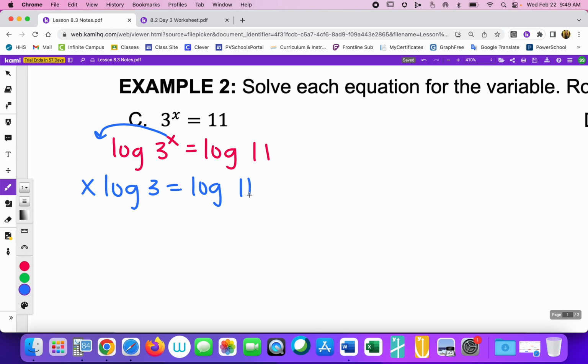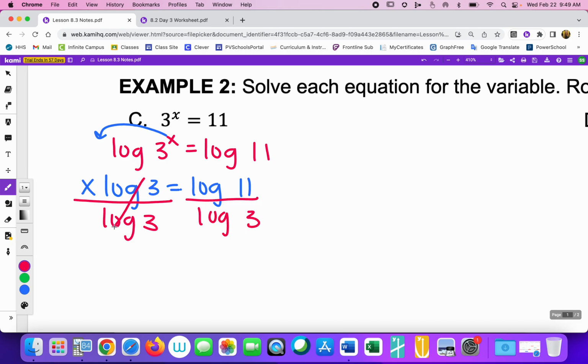Everyone with me so far? Now, how do I isolate x? It is currently x times log of 3. So how do you undo multiplication? You divide. So you're going to divide both sides by log 3 to get x by itself.